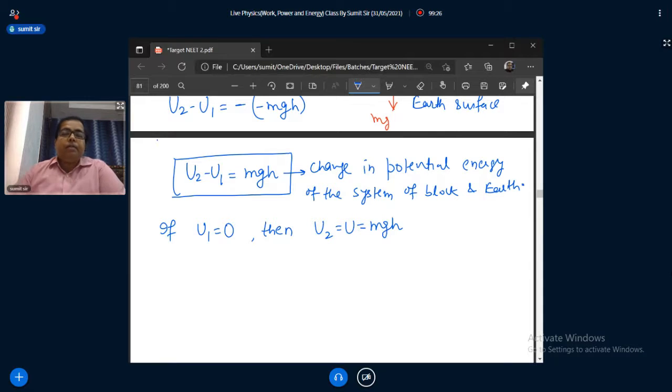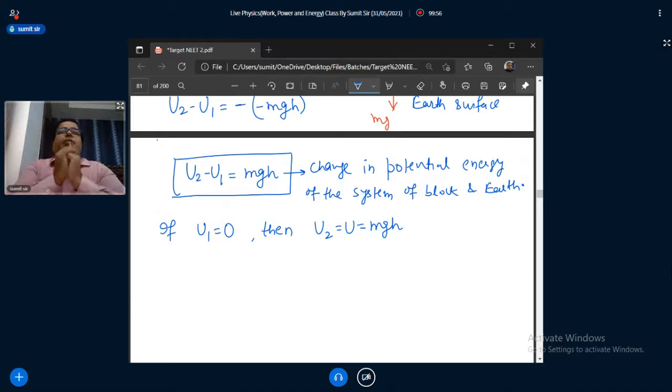Why am I writing system of block and Earth? First, potential energy is never calculated for a single particle. It is always calculated for a system. And how do you decide the system? By the objects whose internal forces you can calculate.